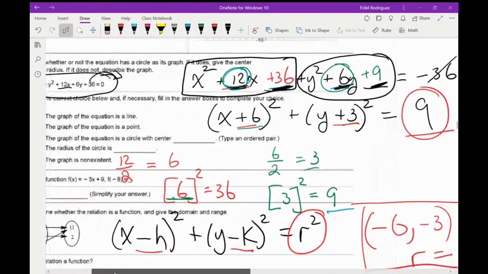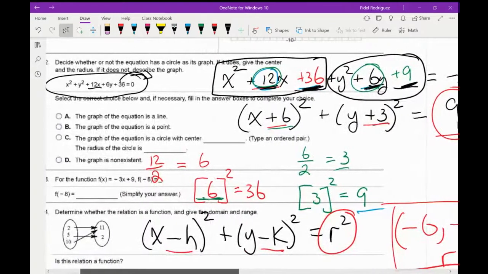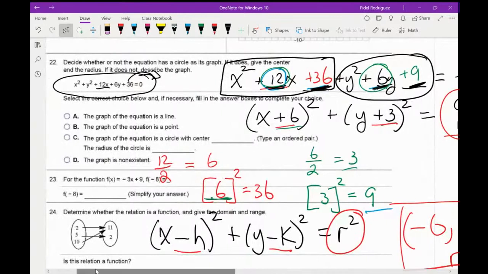So all I would do is I would come back over here, and right here we would just put in -6, -3, and the radius is 3. And that's all we'd have to do for 22.